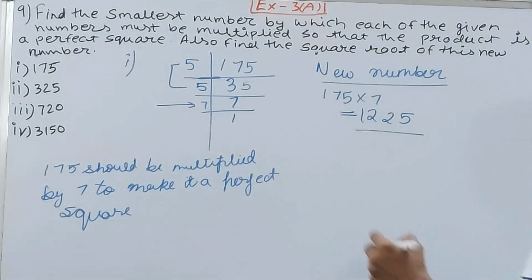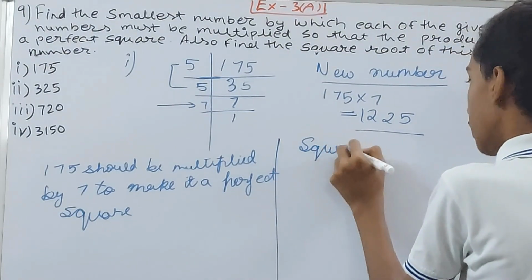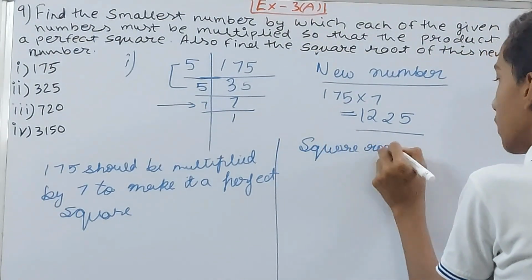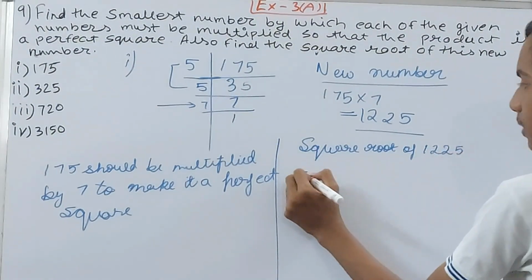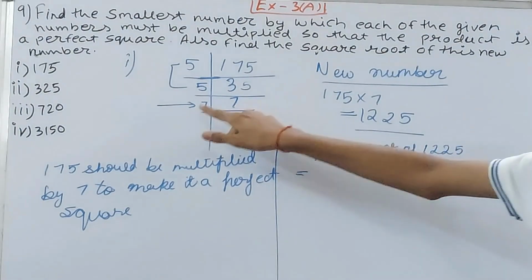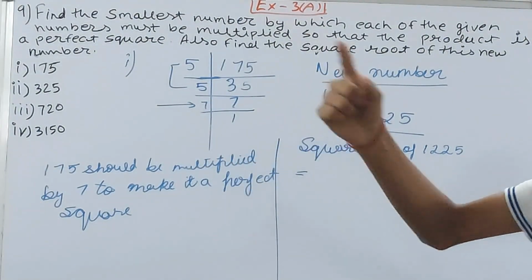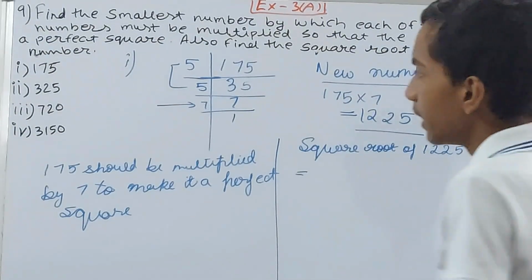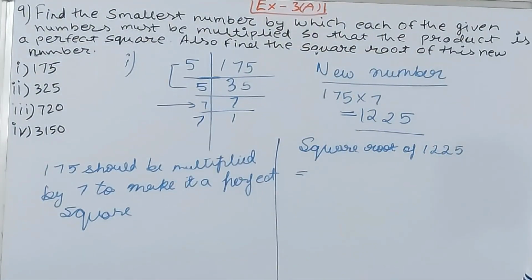And the square root of 1225 is equal to what? Now I have multiplied the number by 7, so when I do its prime factorization, there will be one more 7 here. Why are we multiplying by 7?